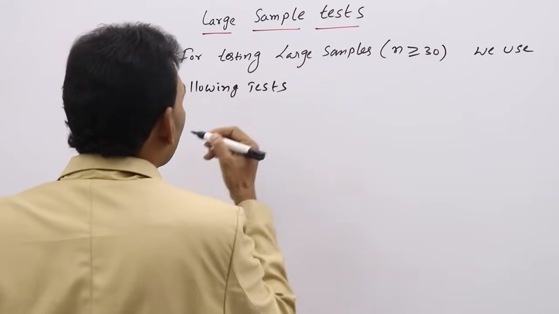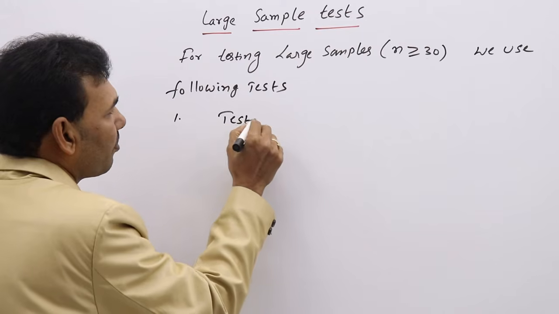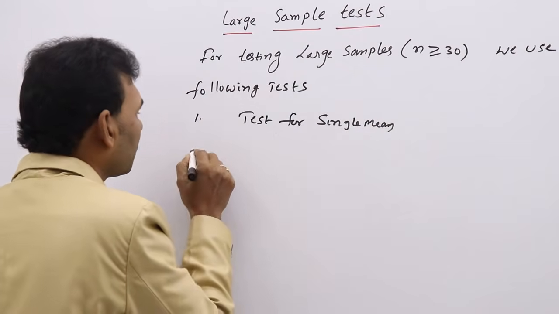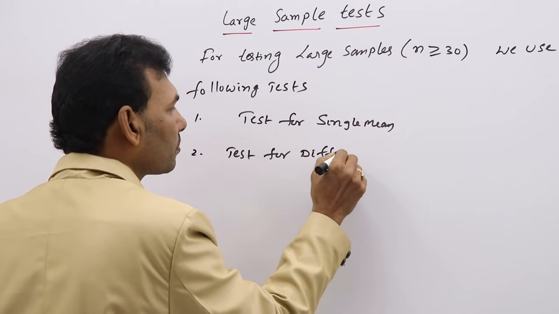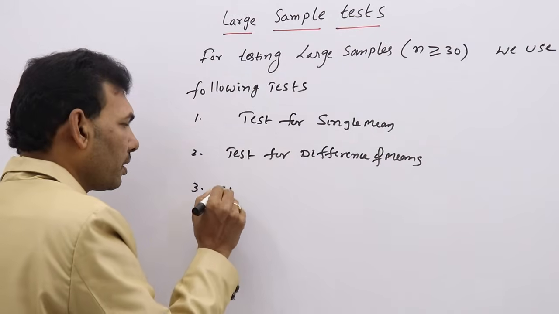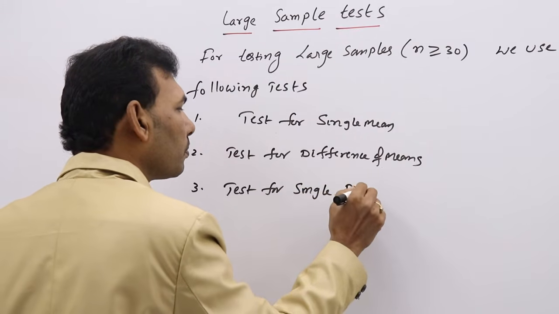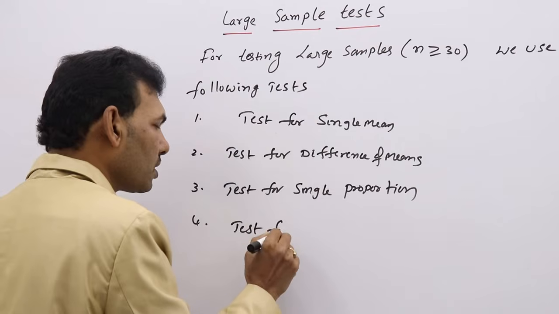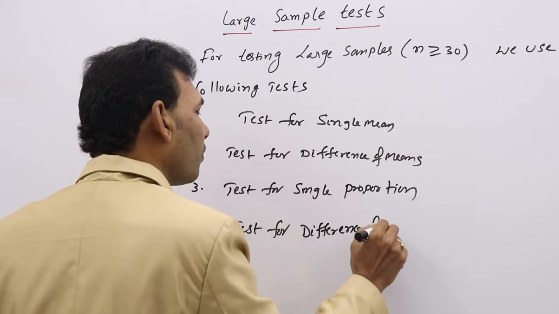The tests are: test for single mean, test for difference of means, test for single proportion, and test for difference of proportion.